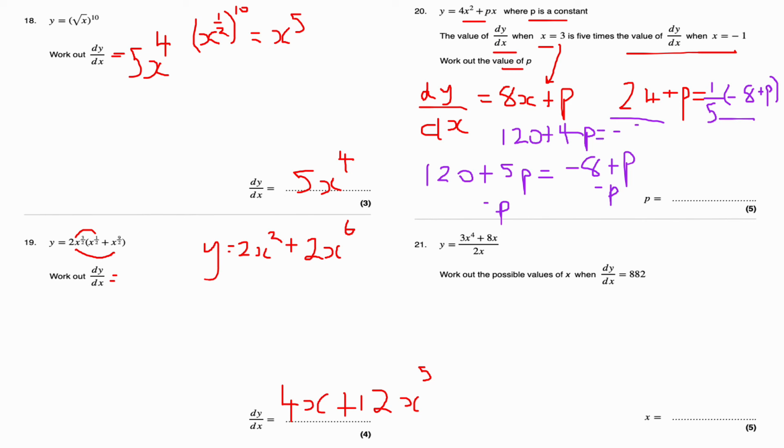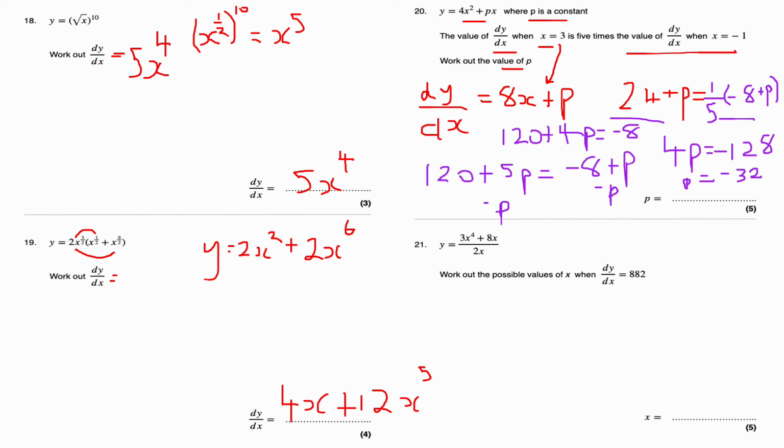Subtracting 120 on both sides, I get 4p is equal to -128, and then dividing through by 4, I'm going to get that p is equal to -128 divided by 4. So half it and then half it again, I get 64, and then I'm going to get 32. Okay, so p is -32.